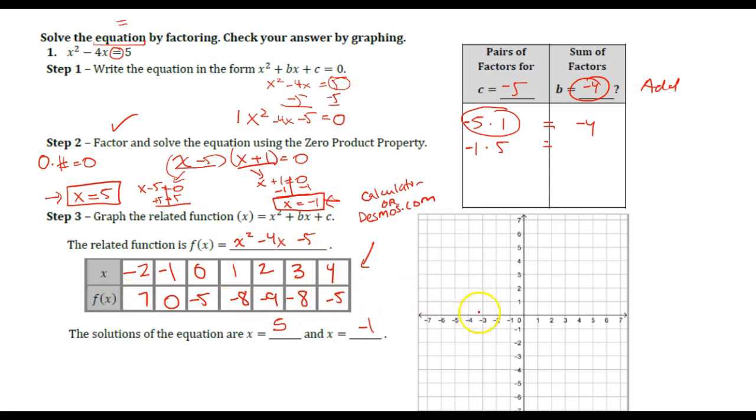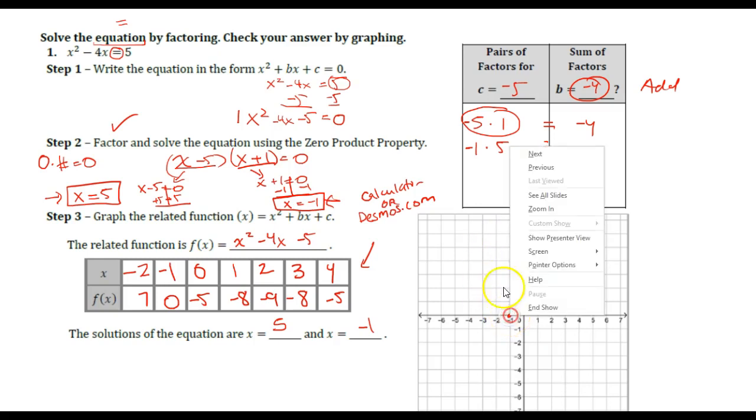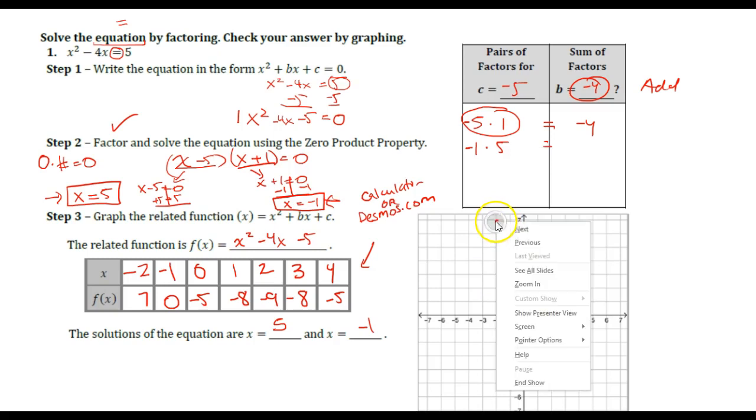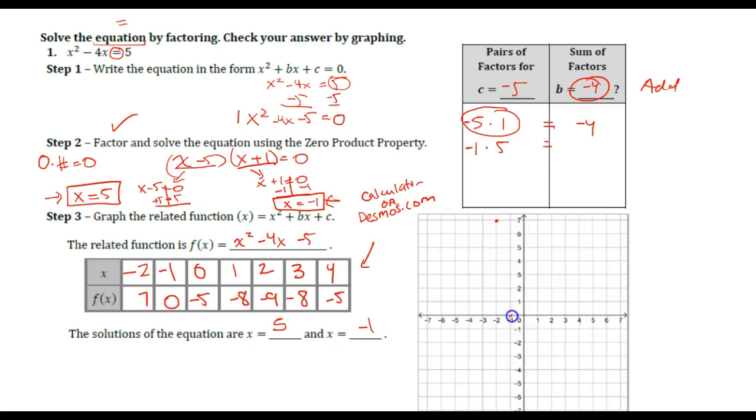So I've come up with these values. As you can see, if I graph these out, it's negative 2, 7. Negative 1, 0. I'll make sure to adjust how I'm putting them on the screen so you can see that they are forming a pattern.